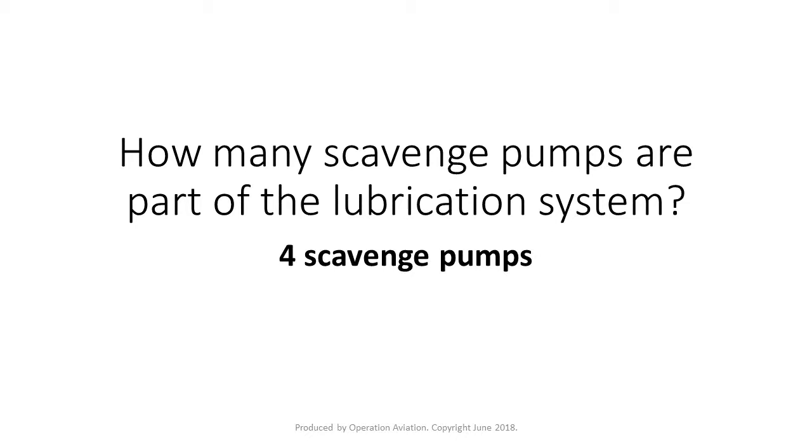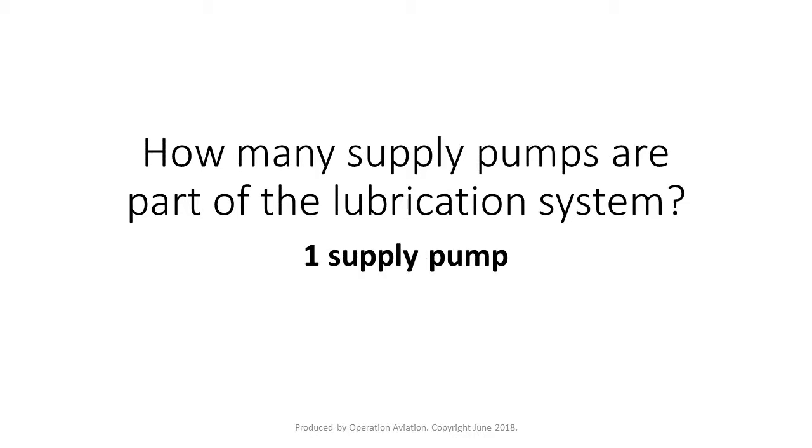All those pumps are driven by a drive shaft that's moved by the accessory gearbox. Just so you know, how many scavenge pumps do we have? 4. And how many supply pumps? We have 1.